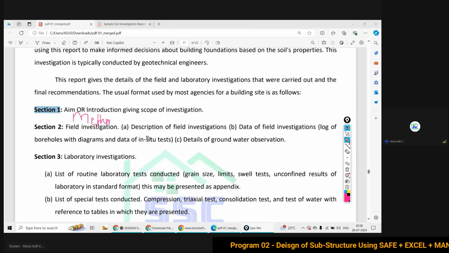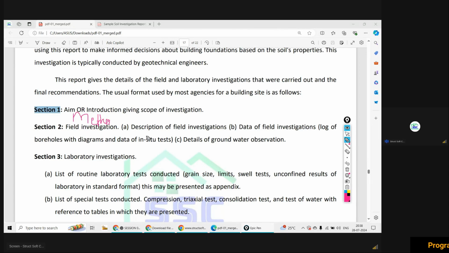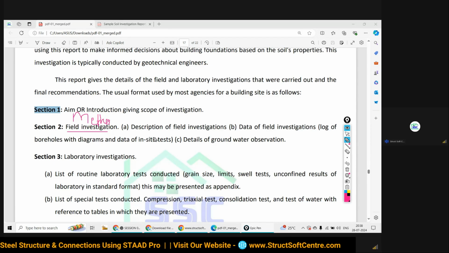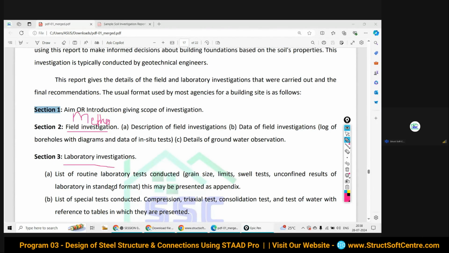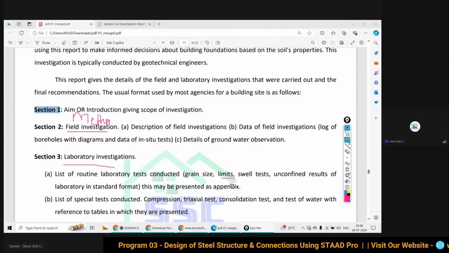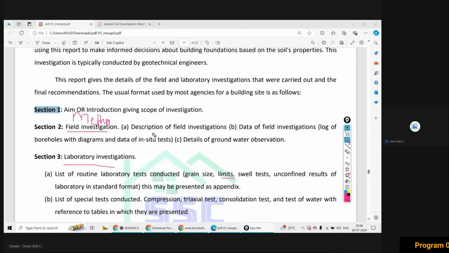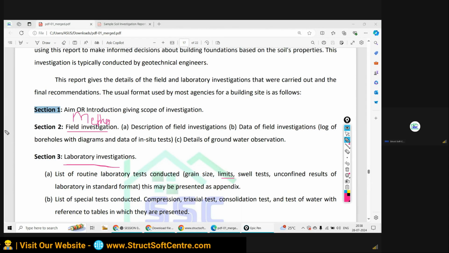What parameters they are going to mainly focus on, and what methods: either they are going to do field testing, site testing, or laboratory testing. In field testing what methods they are going to adopt, in laboratory testing what methods they are going to adopt, what parameters they are going to focus on. In laboratory testing, what parameters of the soil they are going to test, and in field tests. Some of the parameters cannot be tested in the laboratory, and some of the parameters of the soil cannot be tested in the field.